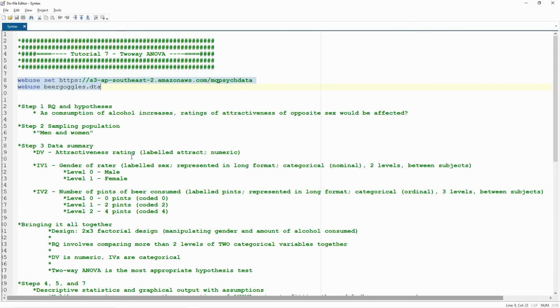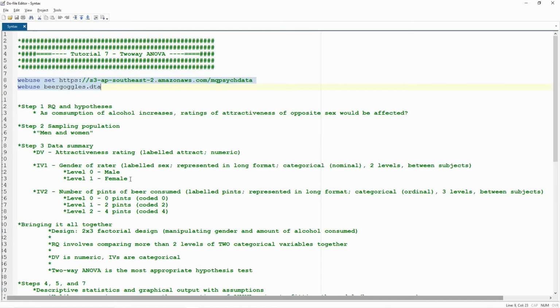But there is a possibility that the relationship between the amount of alcohol you consume and how much attractiveness change actually depends on whether or not you're male or female. So we might find that males show a stronger relationship, whereas females might show a weaker one.